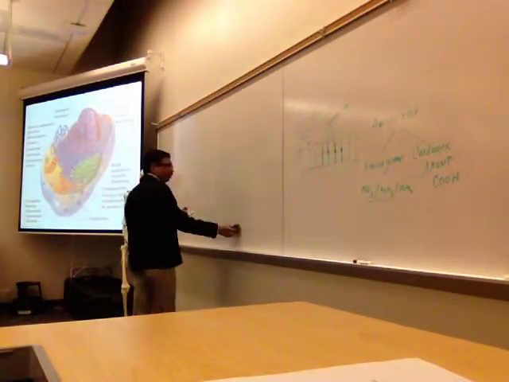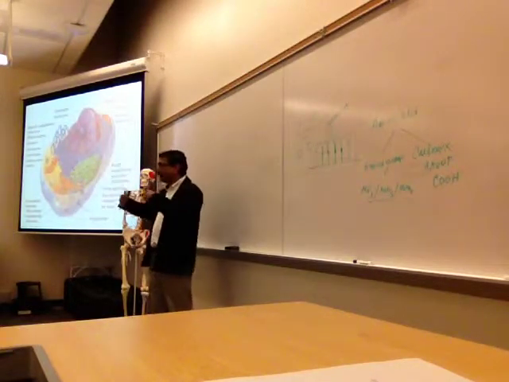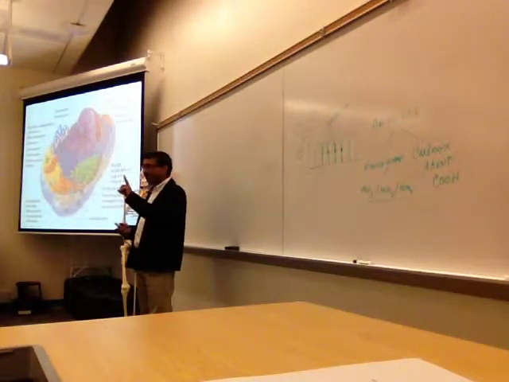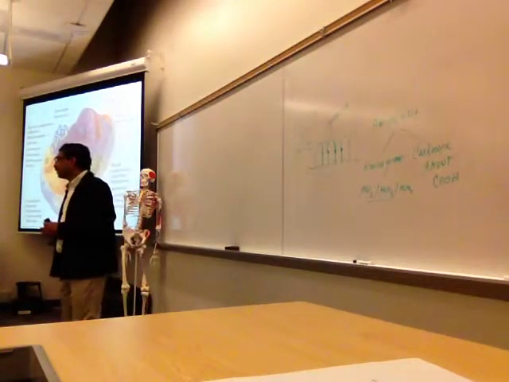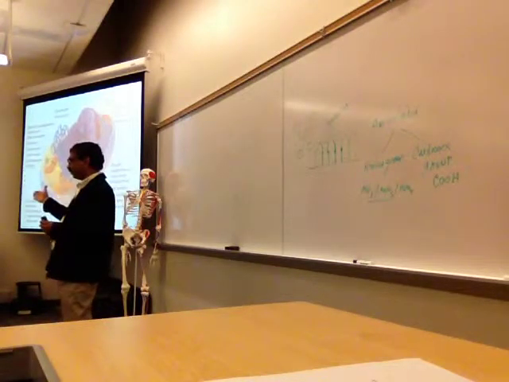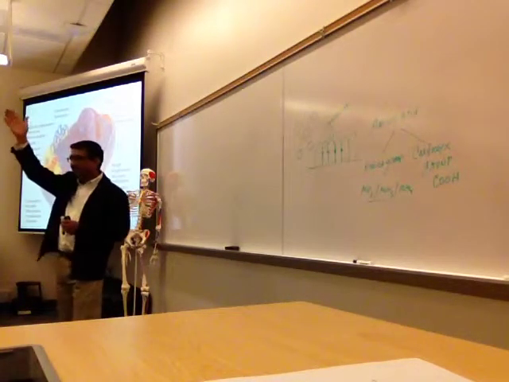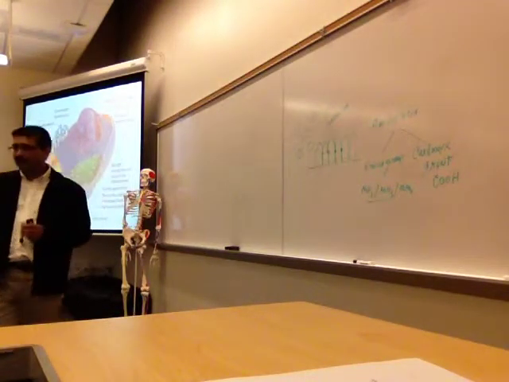Nucleus is the control center. That is number one. It controls the functions of the cell. Number two, the nucleus transmits hereditary information from the parents to the offspring. You know that, right?